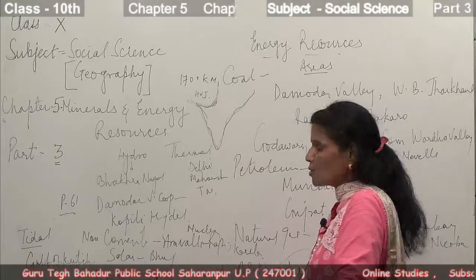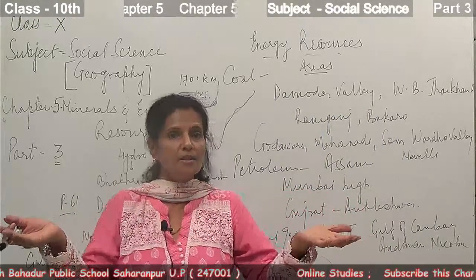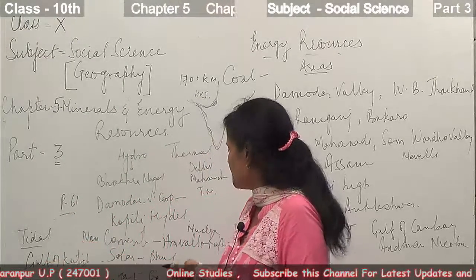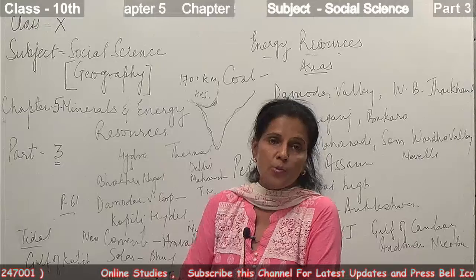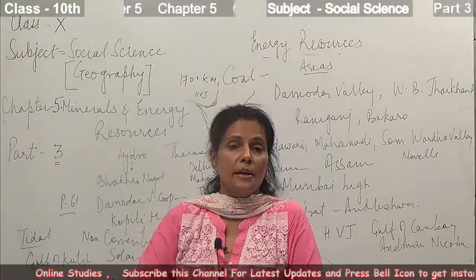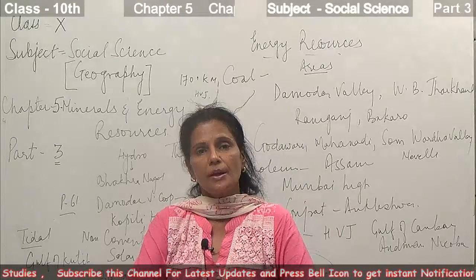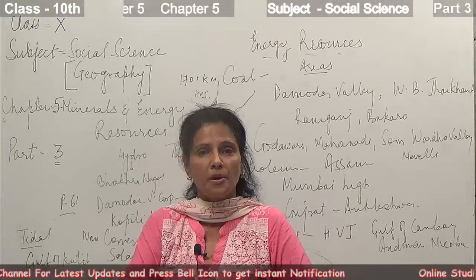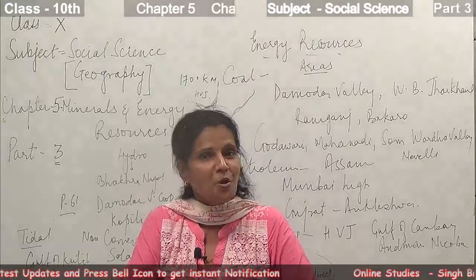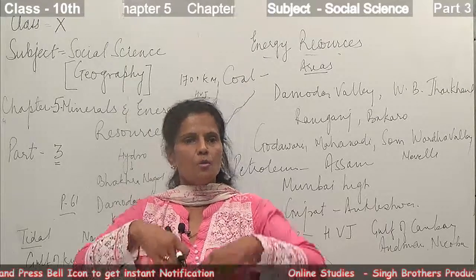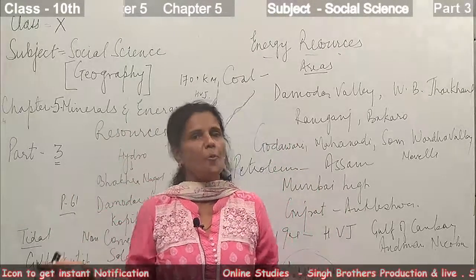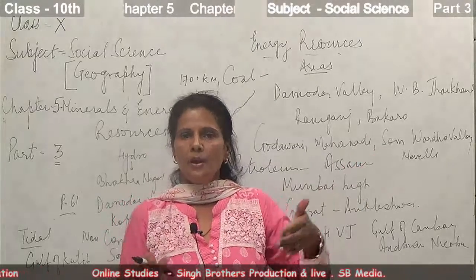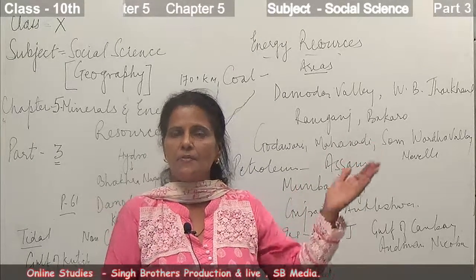Then we come to solar energy. Solar energy is becoming very popular in contemporary India, in the contemporary world, because it is doing wonders. Particularly in villages, people are taking all the benefits of solar energy. India being a tropical and subtropical country, there are lots of opportunities to tap solar energy. Even in your own city, you must have seen the street lights.